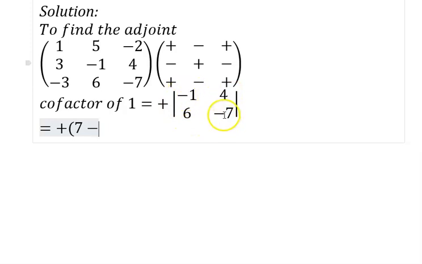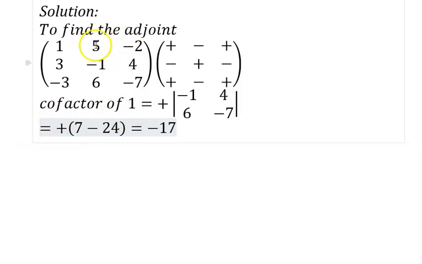Minus 1 times minus 7 will give us 7, minus 6 times 4 will give us what? 24. Beautiful. So 7 minus 24 will give us what? Minus 17. But because we have plus outside, plus times minus will still give us minus 17. So that's the cofactor of 1.